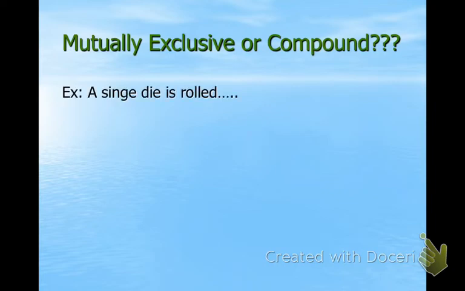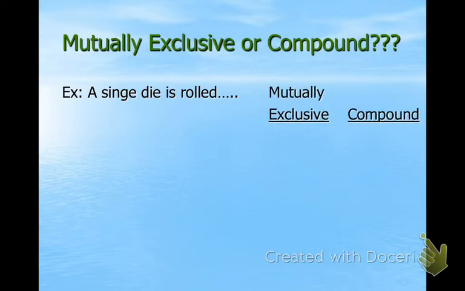If I roll a single die, is it going to be mutually exclusive or compound if I can get an even number and a number less than 3 at the same time? There are 6 sides, and the only number that's smaller than 3 and even is a 2.